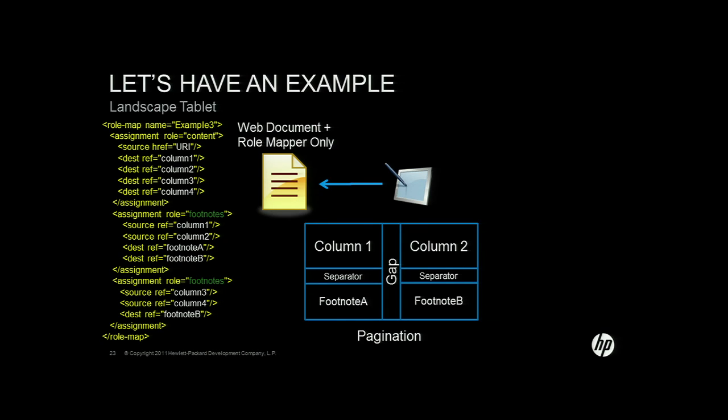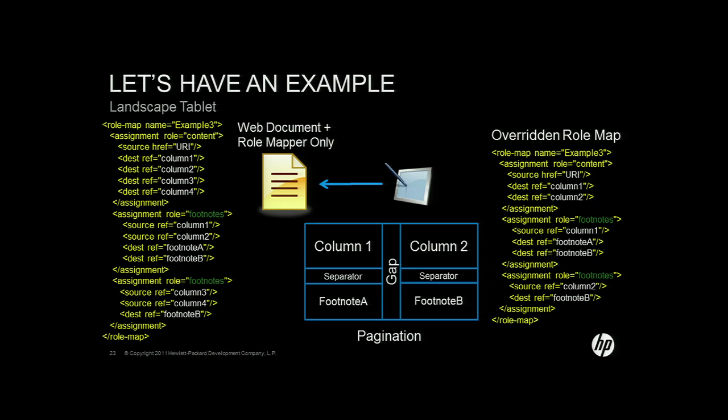And so now we have this 2-column, 2-footnote-area document, and let's say the pagination is simple. I just repeat this until I end up with my content. So the overridden role map will simplify the role map, reducing the several columns to 2 columns and maintaining the footnote area as it was.